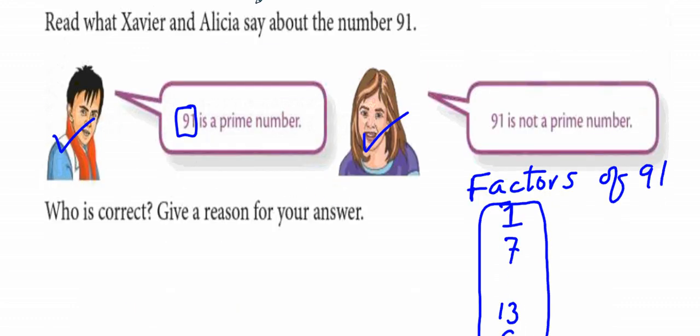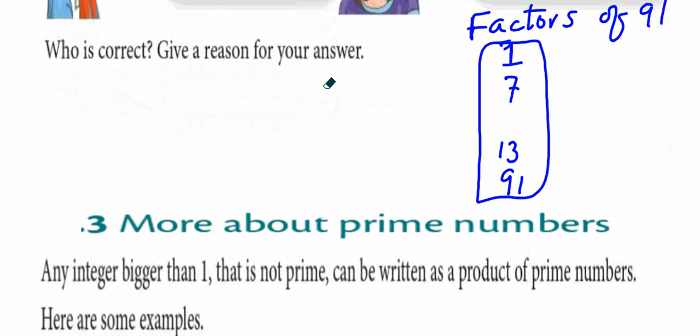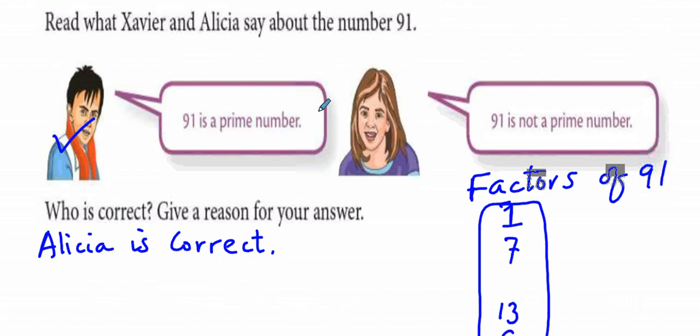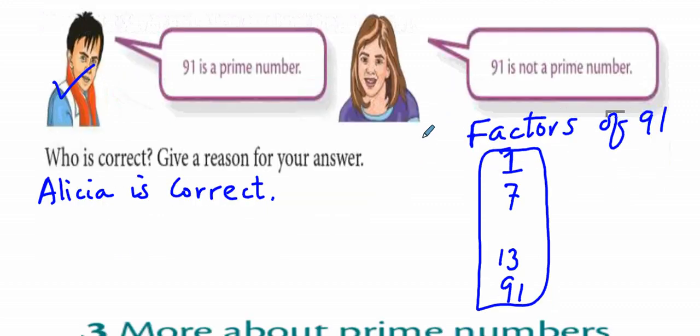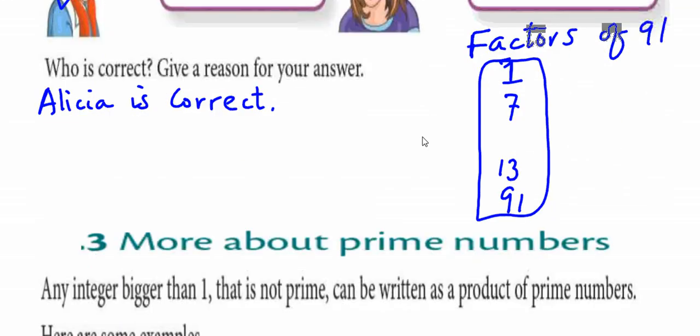So who is correct? Alicia is correct. Here you say, who is correct? The answer is Alicia is correct. Why? Give a reason. 91 is not a prime number, according to Alicia, and we agree that Alicia is correct.